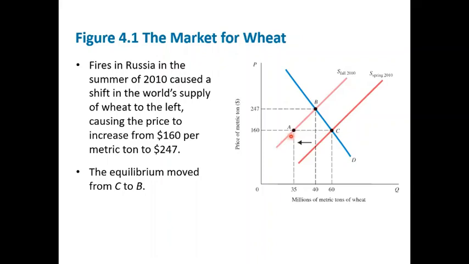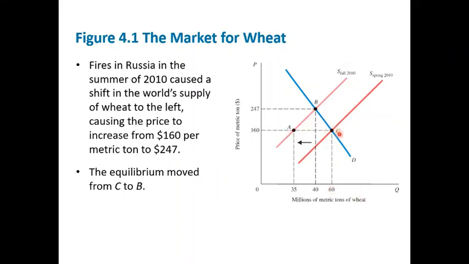Now, at the price of $160, quantity supplied is here at 35 million. Quantity demanded is still over here at 60. That's a shortage. Quantity supplied is less than quantity demanded. Hence, we've got a problem.